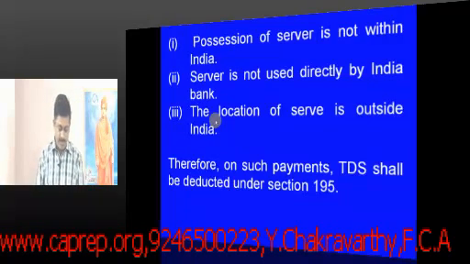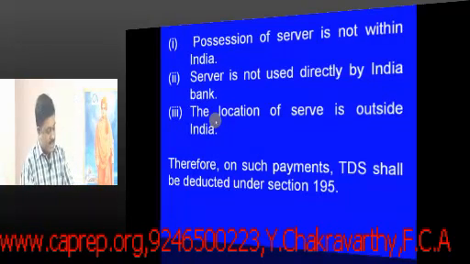Therefore, TDS is to be deducted under section 195.